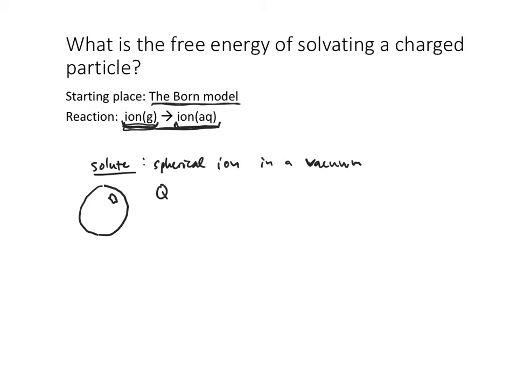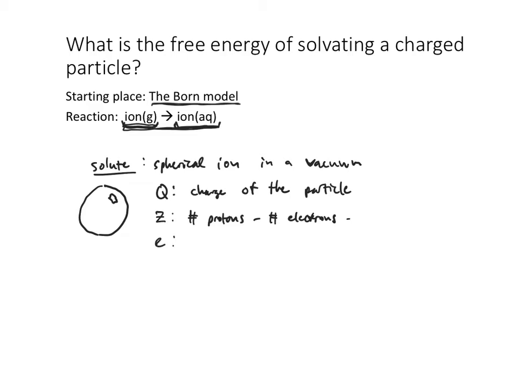Okay? I'm going to define a few variables here. Big Q is going to be the charge of the particle. Then another variable, Z, is going to be the number of protons minus the number of electrons. So that's going to be related to what charge the ion has.